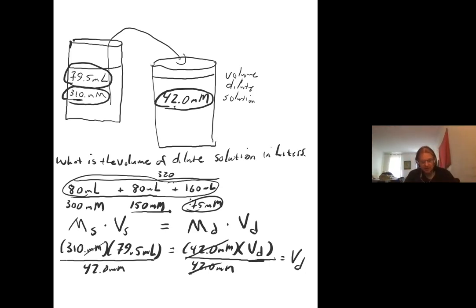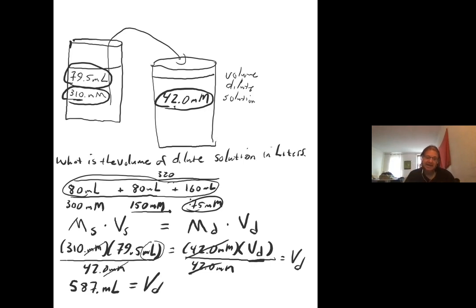Millimolar divided by millimolar, that's done. That's going to give us the volume in milliliters. Okay, so let's do the arithmetic. 310 times 79.5 divided by 42.0, and you get, oh, that doesn't, yeah, that's right. I'm sorry, I almost talked myself out of the right answer. 587 milliliters. And that's equal to the volume of the dilute solution.